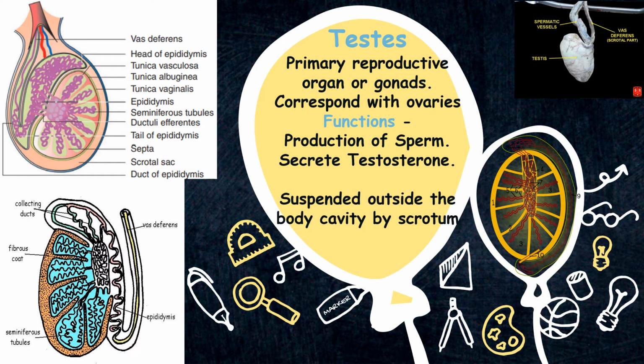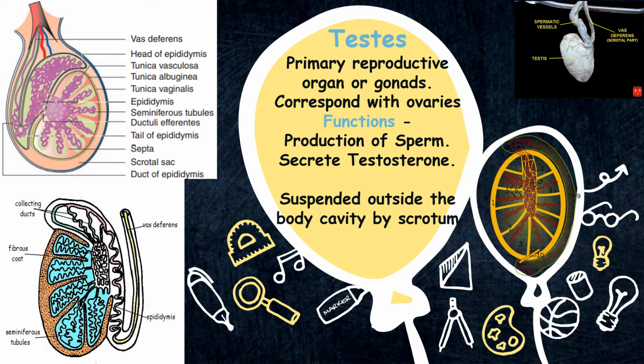Testis is the primary male reproductive organ. It corresponds with the ovaries in female. The main function of the testis is the production of the sperm, spermatogenesis, and the second one is they secrete the male hormone, that is testosterone.